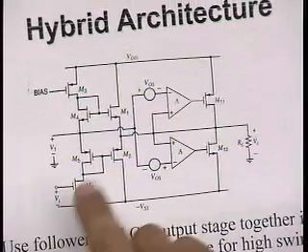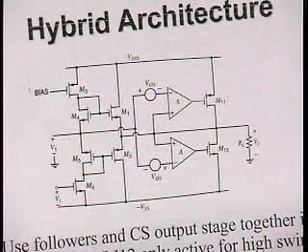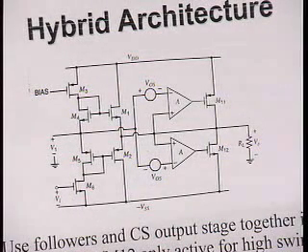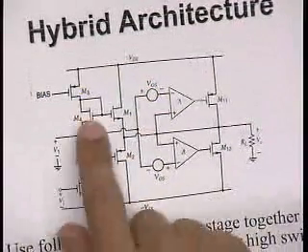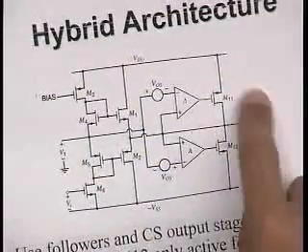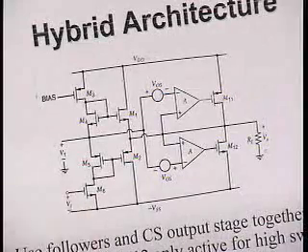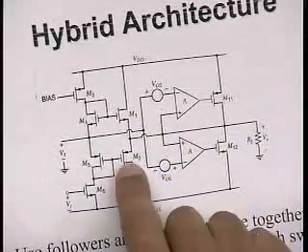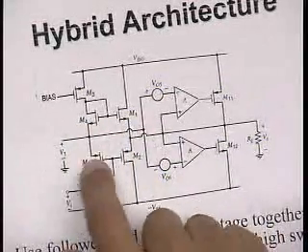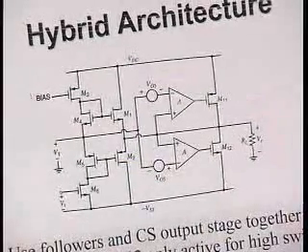What were the advantages and disadvantages of this stage and this stage? And let's see if the hybrid maybe solves some of these problems. Well, let me remind you, the disadvantage of this was swing. Can't get much swing out of it, right? The advantage of this was swing. So maybe I use this device for small swings and use this device for large swings, right?